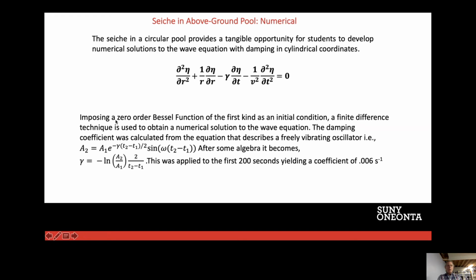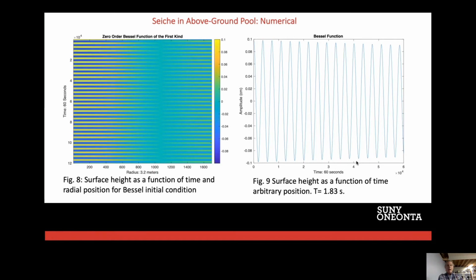But if we use a zero order Bessel function to give us an initial condition and a finite difference scheme numerically, we can solve the above equation. And again, using a damping coefficient of about 0.006 seconds to the -1, so very small. And if we go ahead and solve this, we get the following figure.